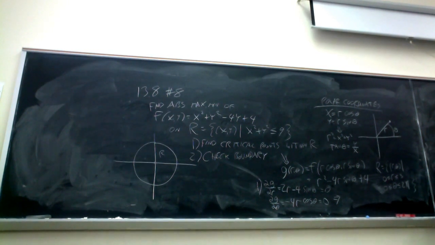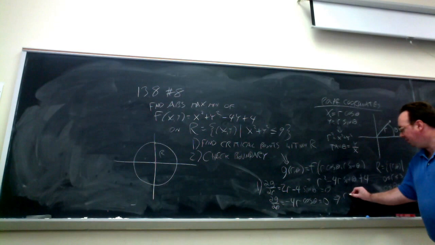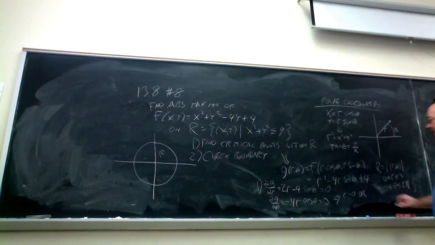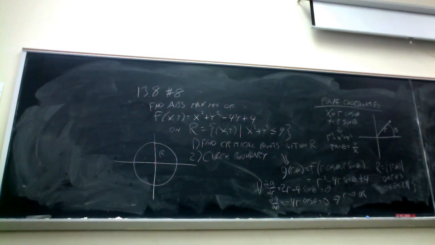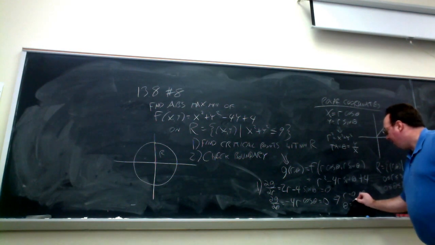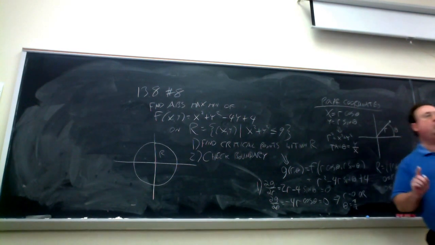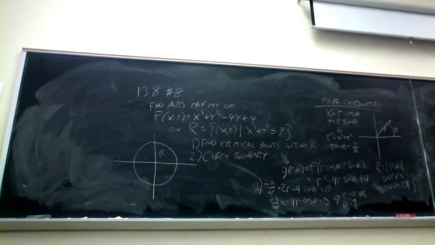If r was 0. Yeah, so r equals 0. Or, what's the other possibility? Theta equals 90. Yes. Or pi over 2. Yeah, pi over 2. There's one more. Oh, it's 3 pi over 2.